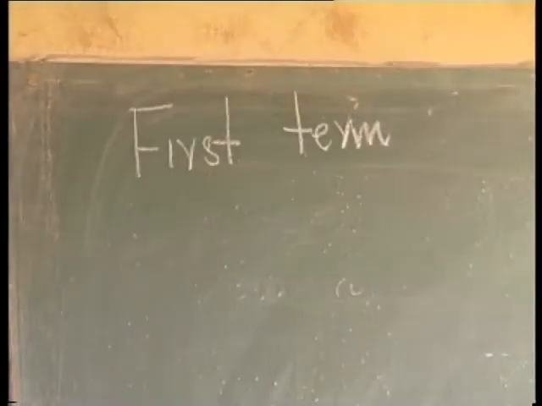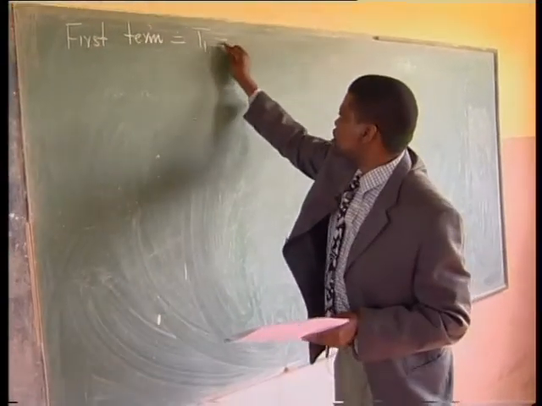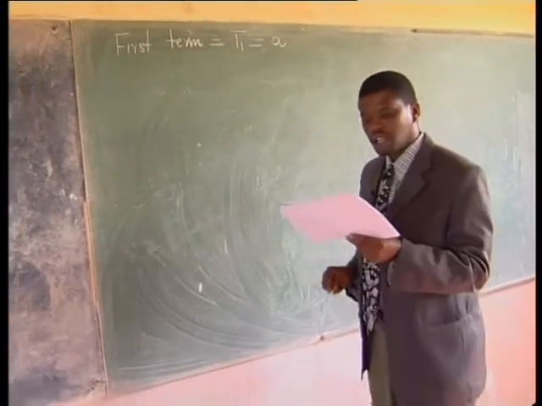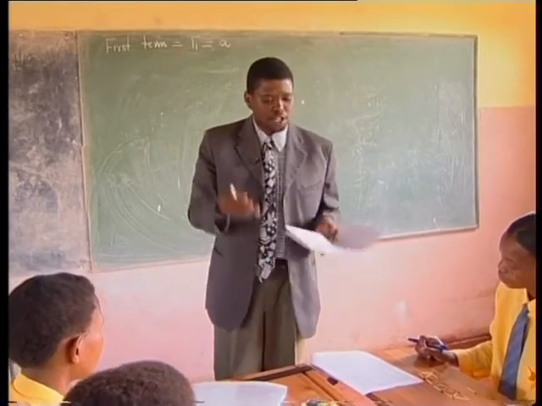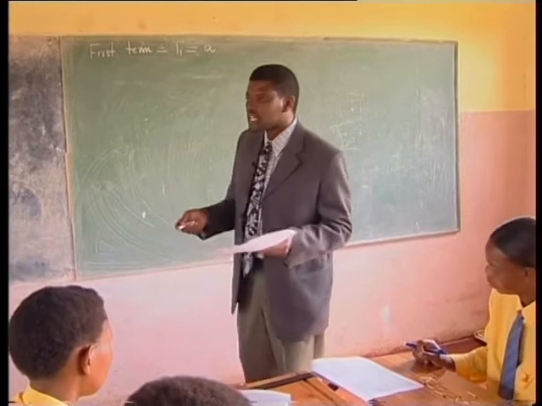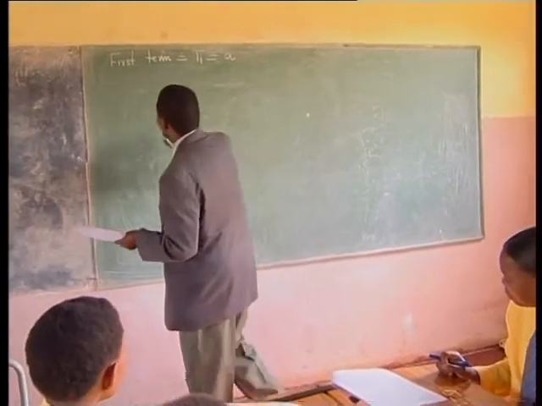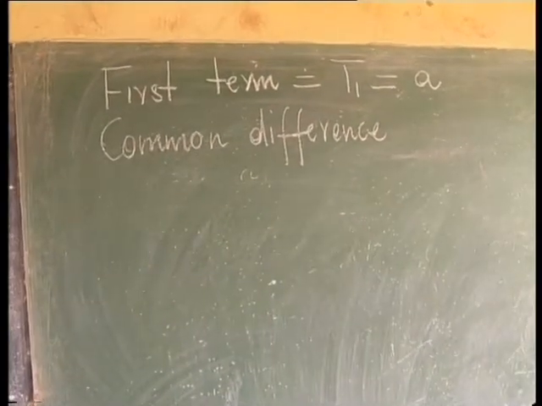The first term is referred to as T1, or it is A. Whenever you want to form the next quadrilateral, you have been using 2 matchsticks, okay? So in arithmetic sequences, that is called our common difference.